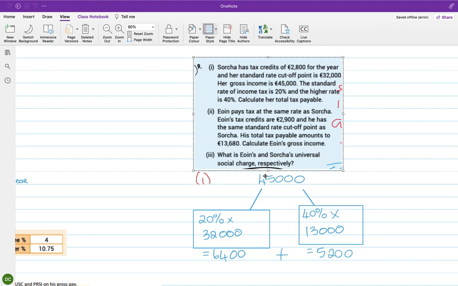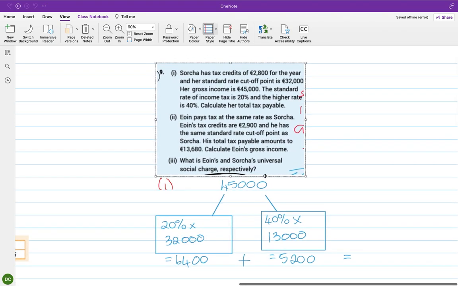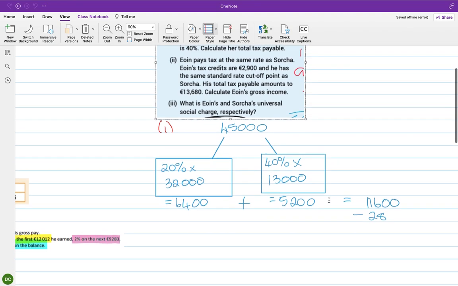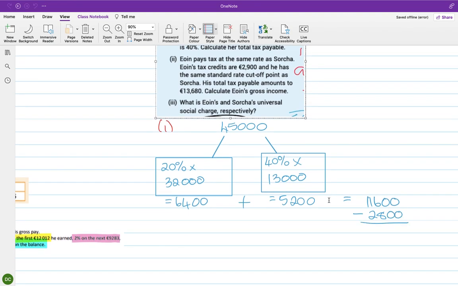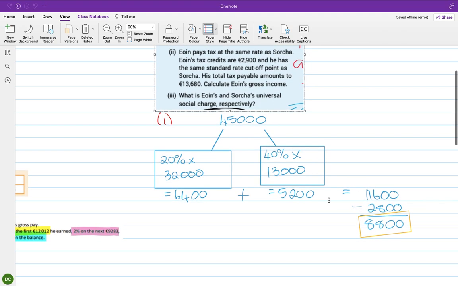Add them up and we get 11,600, and then minus off the tax credits, which are 28. So 8,800. And that is the answer to the first one. So the second one, if I scroll down, we can just about still see it.